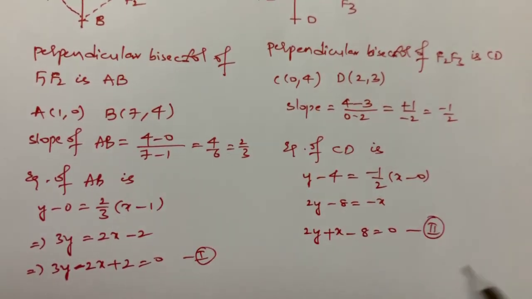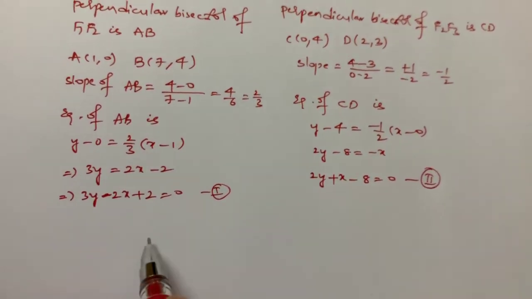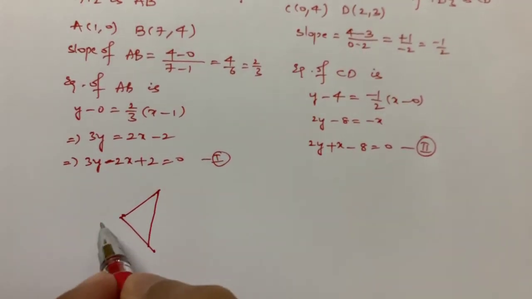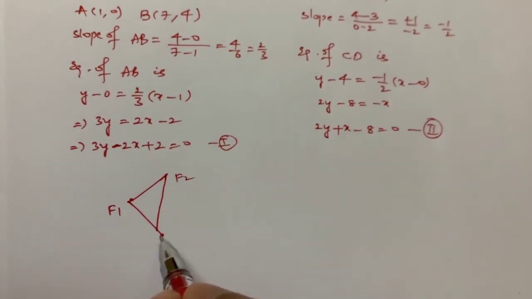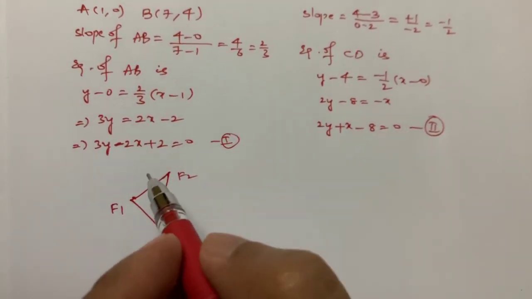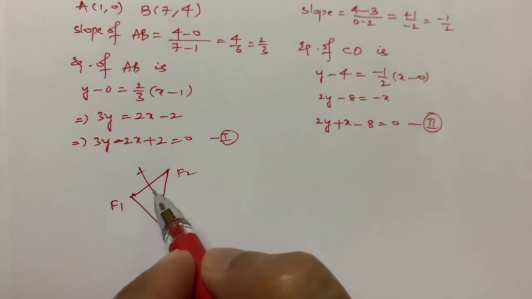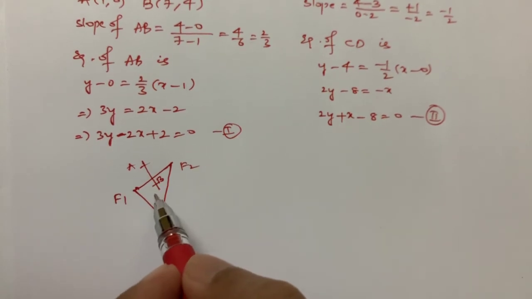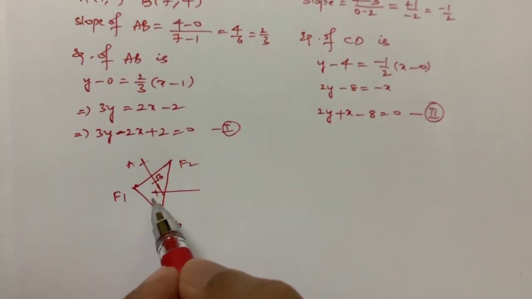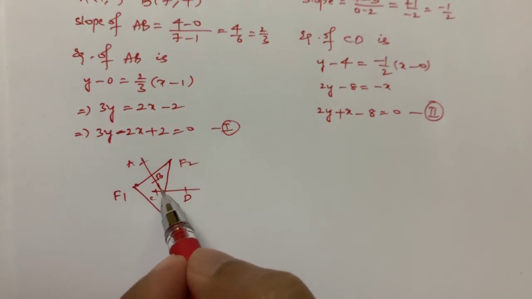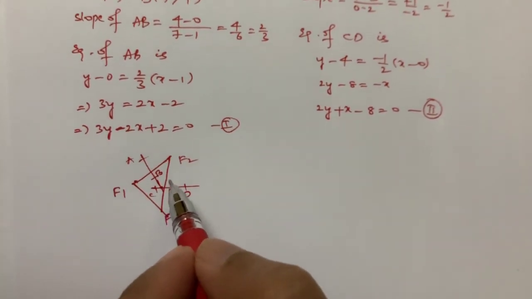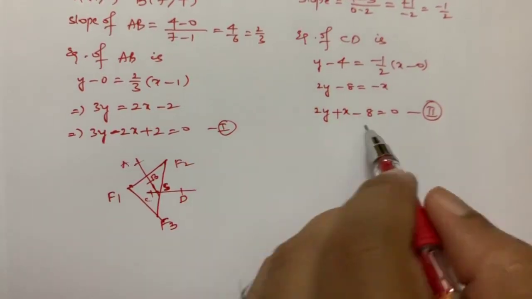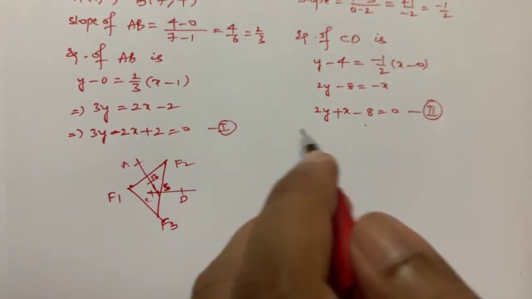This is equation 2. So now let's say I'll consider the triangle f1, f2, f3. For f1 f2 the perpendicular bisector is AB, the line joining A and B, and for f2 f3 the perpendicular bisector is CD, the line joining C and D. So the point of intersection of them will give us the circumcenter, let's say S. Okay, so I need to find the point of intersection of these two lines.